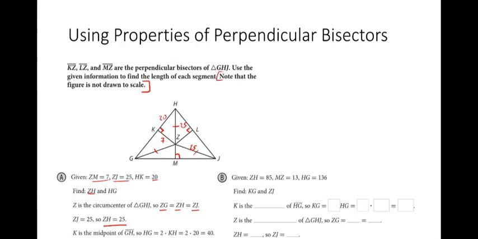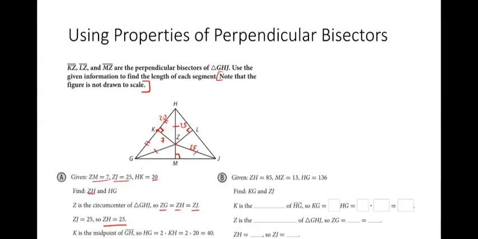All three of those guys are congruent because Z is equidistant from those three vertices. Now, ZJ, they said it was 25. Now, K is the midpoint of GH, so this guy is in the middle. So we know that KH has to be congruent to GK.